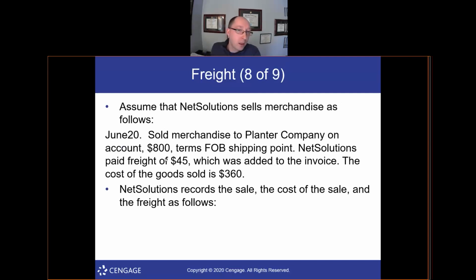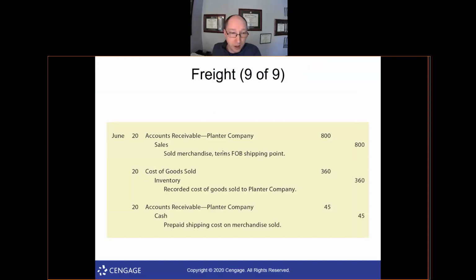Here's the example. We sold merchandise for $800, terms FOB shipping point, freight was $45, which we added to the invoice, meaning the customer paid for it. And here's how that looks. It's another way to think about when we pay for freight. It's just a third transaction, right? That's all that means.